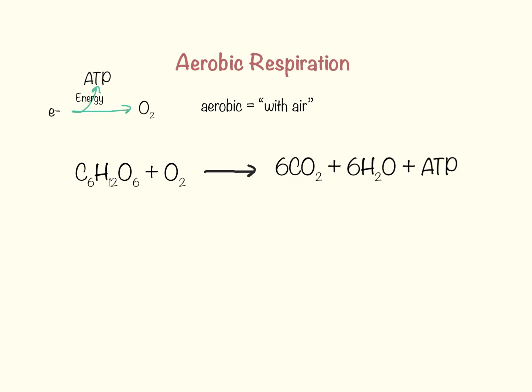It's a balanced redox reaction. It shows you the initial substrates, glucose, and the required oxygen. After the glucose is completely oxidized for its energy, the cell ends up with carbon dioxide, water, and of course ATP. Just like all energy transfer reactions, some energy is lost as heat in this process.